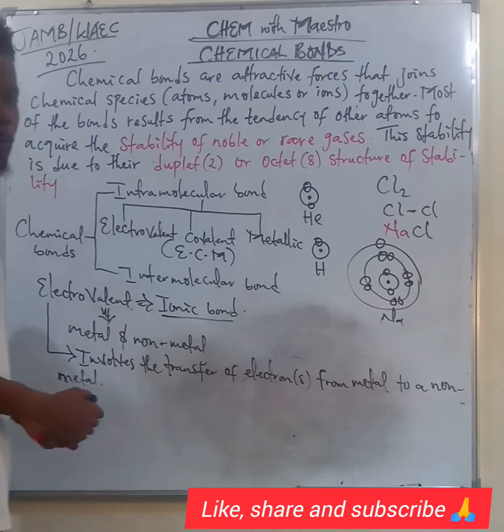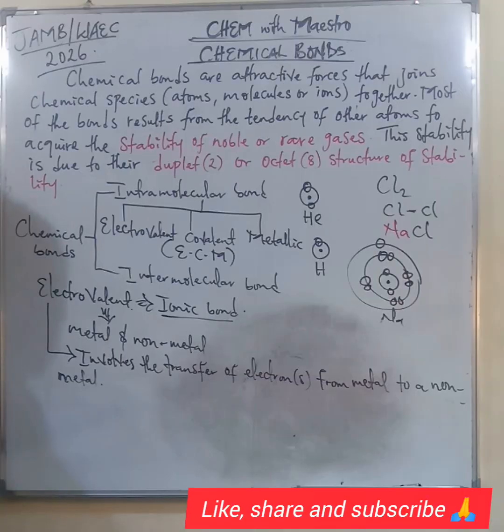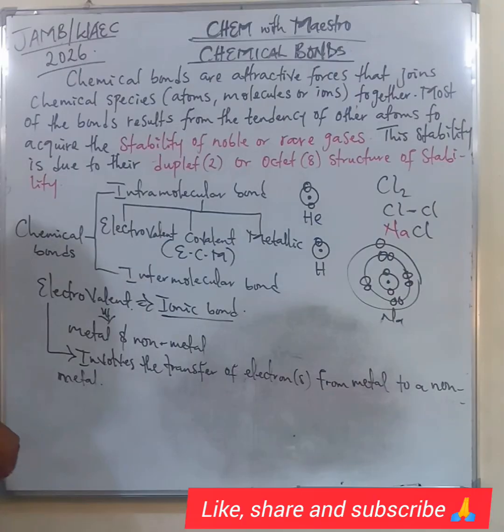So the bond formed by the transfer of electron from a metal to a non-metal, what do you say? It is electrovalent bond. And the electrovalent bond is also called ionic bond. So that is it for electrovalent bond.